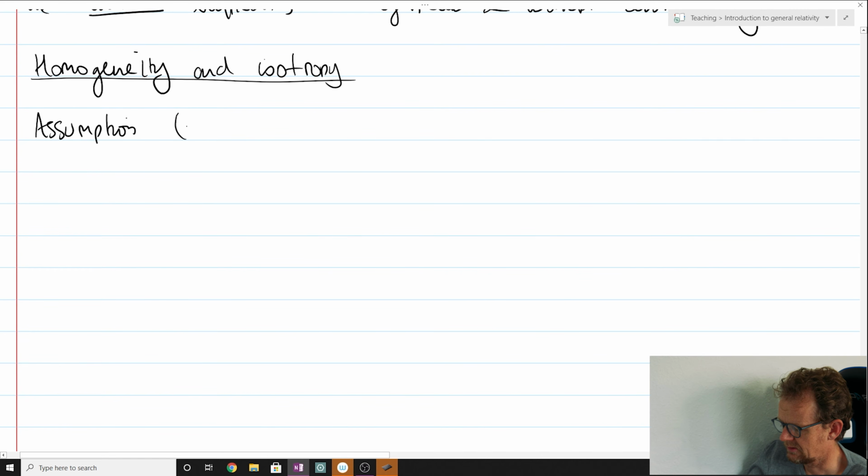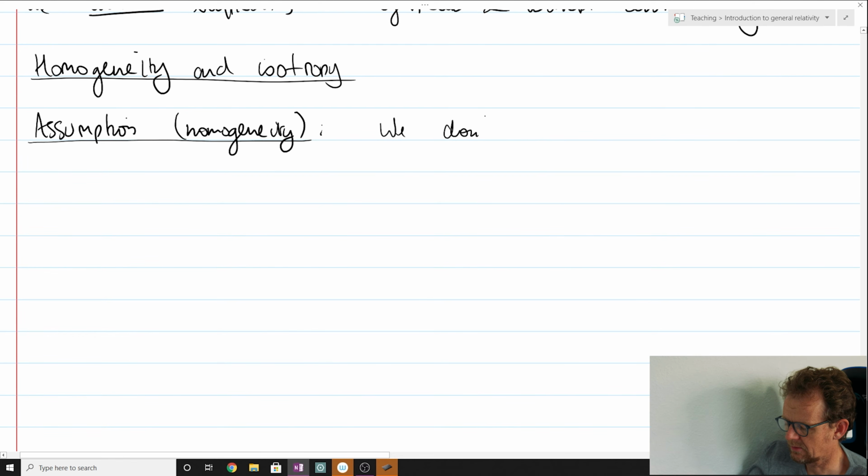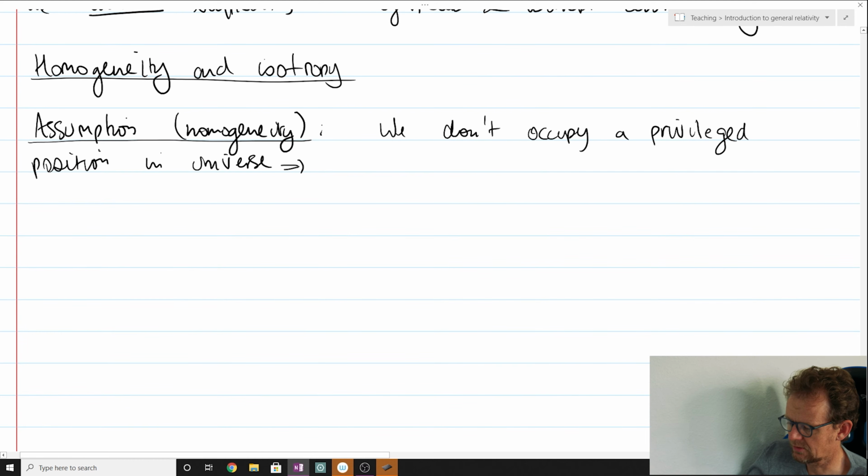So let's commence with the condition of homogeneity. What is meant by this? Well, physically, we don't occupy a privileged position in the universe. That's the assumption of homogeneity, so that the universe should look the same no matter where we are.